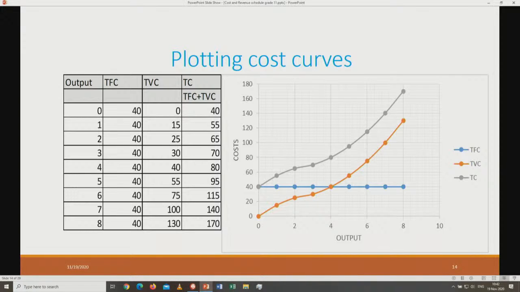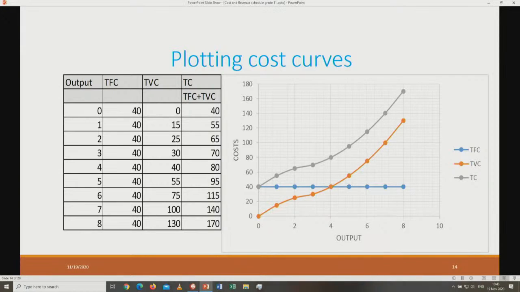And then let's go and look at number 6. When we are producing number 6, the variable cost is 75. Now we need to go and locate 75 where it is on the graph. So this is 6, and 75 from 60 is 70. Between 70 and 80, there's where you have your 75. So let's put it right there. There's another dot for us there.